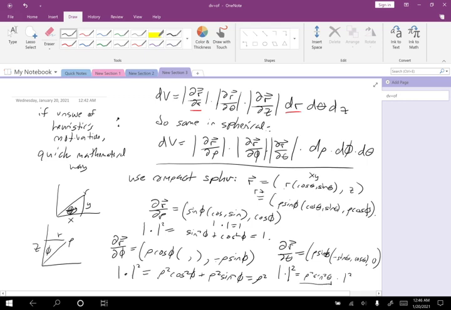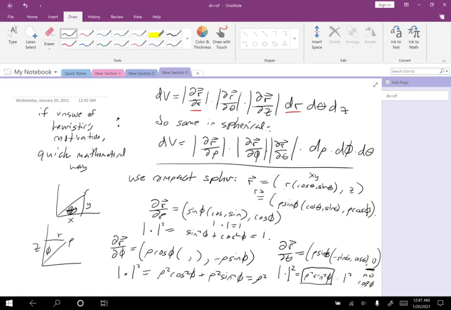Right? So now you see where this rho squared sine squared phi comes from. It comes from the fact that the last component is 0 and doesn't give you a cosine squared. I'm sorry, that's a phi. There was no cosine squared phi to add to this because there's no theta derivative.